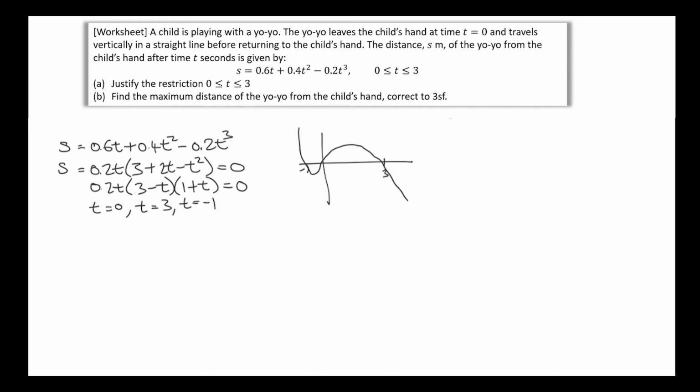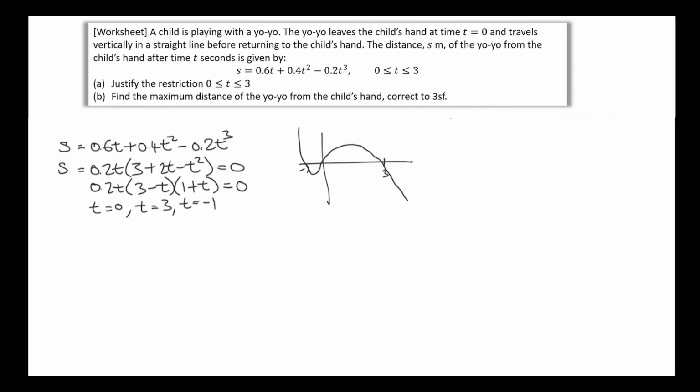Just looking through, it goes away from the student's hand, and then it starts to return to the student's hand, and it returns at 3 seconds. After 3 seconds, we seem to have negative displacement. This would mean that the yo-yo has gone through the student's hand and is now above their hand and continues to get further and further away above the hand. This wouldn't make sense.